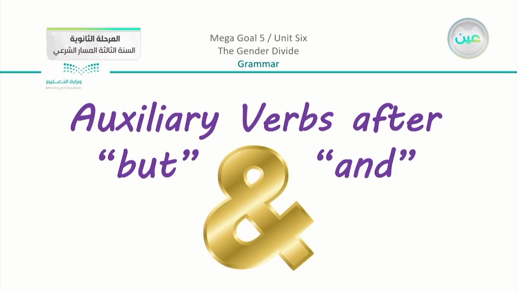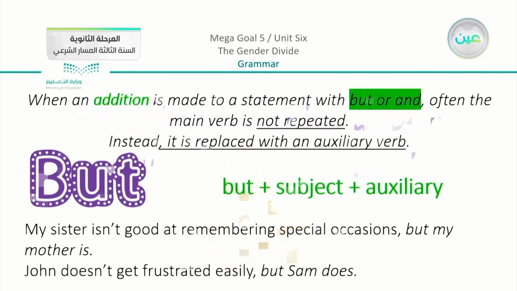Now, what do we have here about these auxiliary verbs? We have using these auxiliary verbs after but or and in sentences. So we're going to see some examples. When an addition is made to a statement with but and or and, often the main verb is not repeated, so I can use them in the sentence to stop repetition.